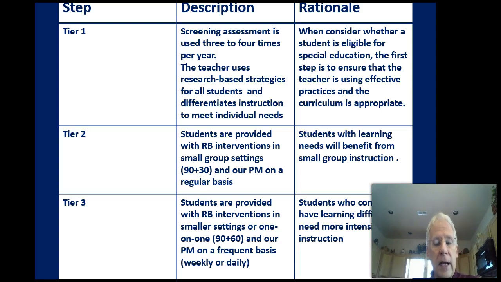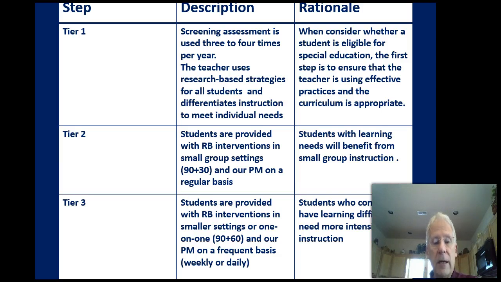Now let's say that after a couple months, we've looked, let me back up. At Tier 2 also, we're going to be progress monitoring Justin on a regular basis. In other words, we're going to be assessing him on his specific skills in reading perhaps every week. And we'll be plotting that data on a chart, and we'll be looking at the data on a regular basis to see if he's making progress.